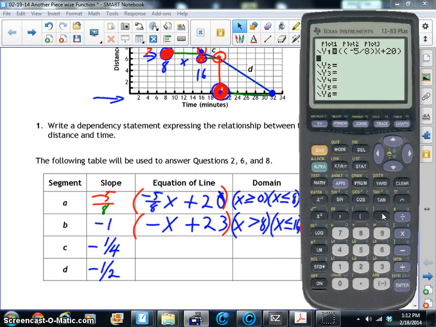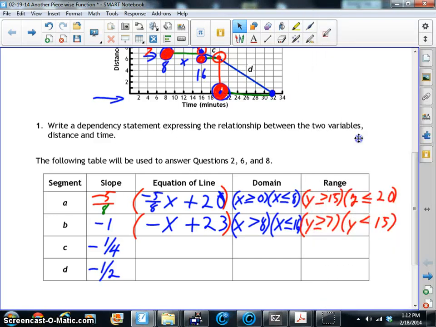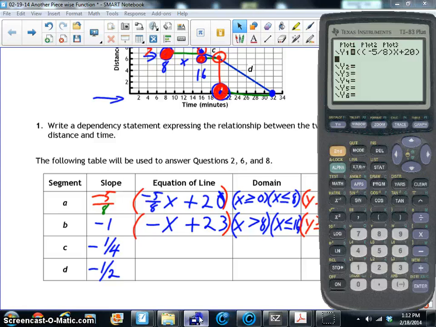Now I need to use the domain restriction I have right here that I've been given. So I'm going to start out with open parentheses. I write everything verbatim as if I'm multiplying by everything. So x, second math, greater than or equal to 0, and x, second math, less than or equal to 8.